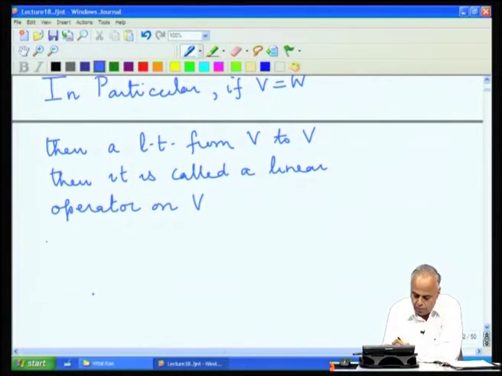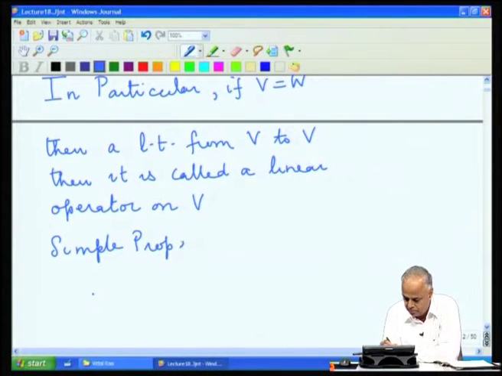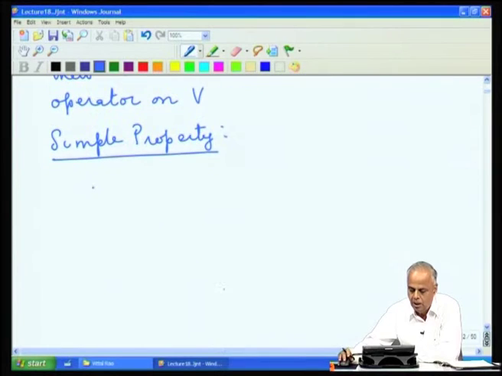Now, we will look at a very simple property of linear transformations before we see some examples. This is a property which every linear transformation possesses.